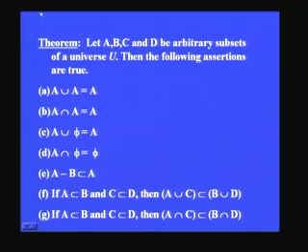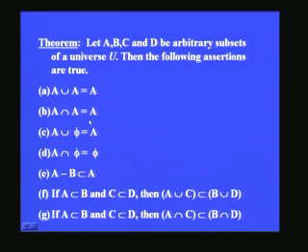Let A, B, C, D be arbitrary subsets of a universe U, then you have the following assertions. What is A union A? It is just A itself. They are called idempotent laws. Similarly, A intersection A is also again A. It consists of all elements in A only.